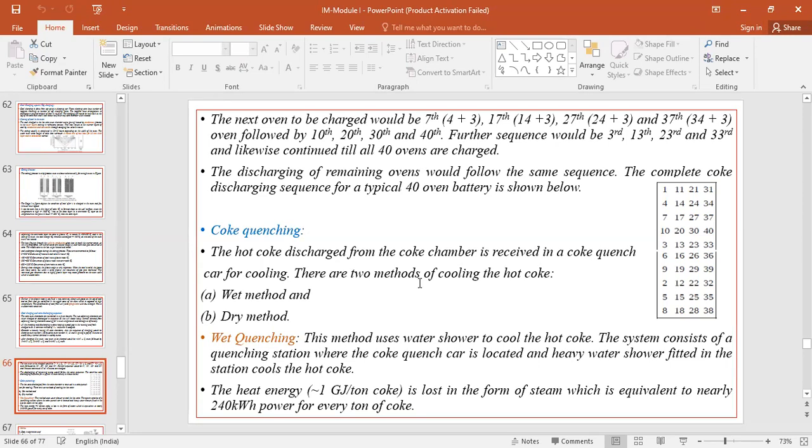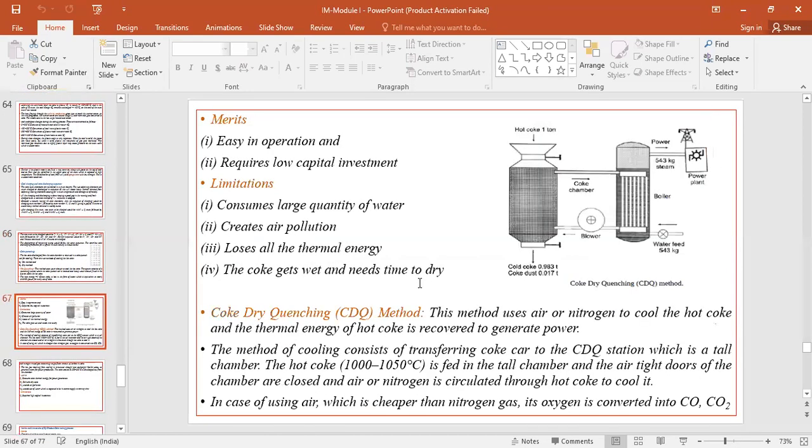The heat energy lost is approximately 1 gigajoule per ton of coke. That will be nearly 240 kilowatt hours of power for every ton of coke. So if we are able to capture that heat, we can produce that much amount of power.